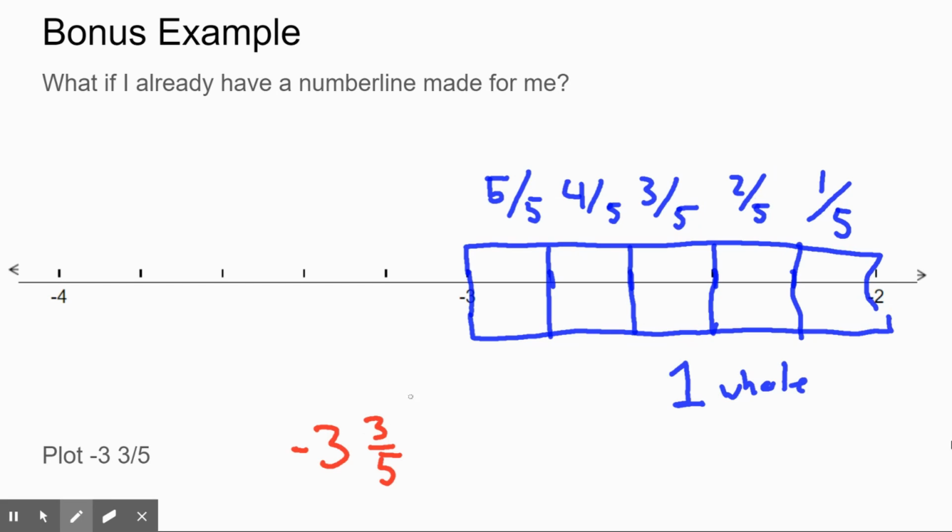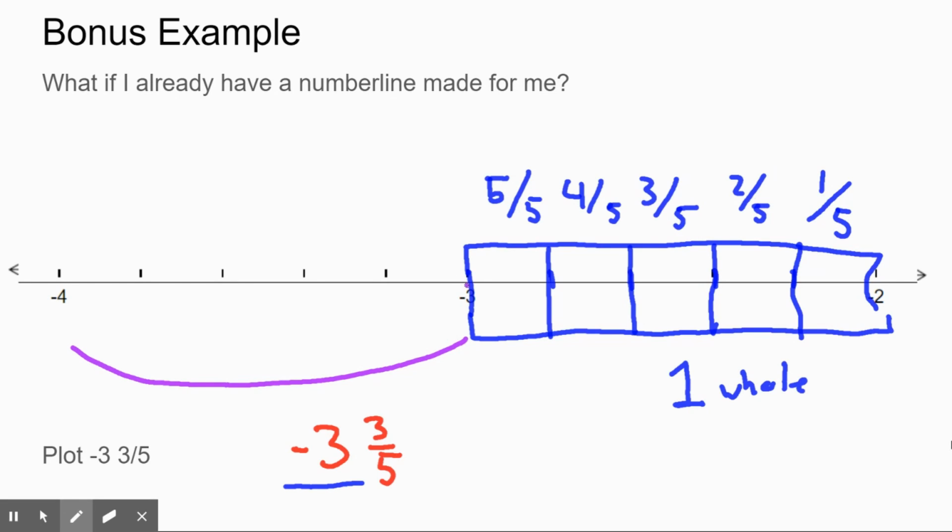Now, our number is -3. That means that we actually need to be on this side of our number line, but somewhere between -3 and -4. Our fraction is going to be 3/5.